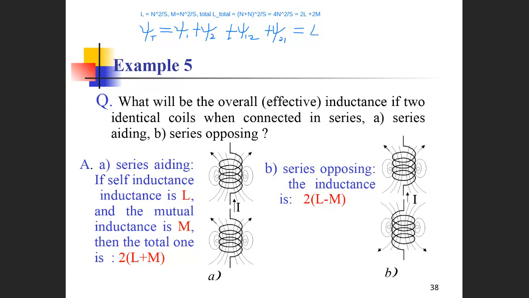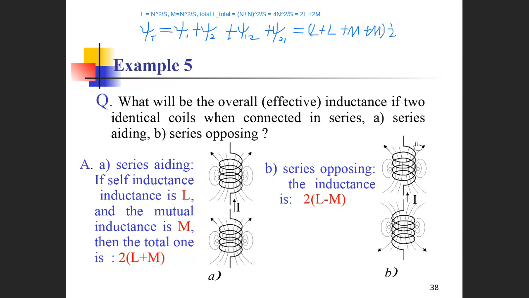Because the current is the same, right, in series. So look at it here. The total flux when they're in series: each of the coils has a self-inductance and a mutual inductance. That's the solution of it.